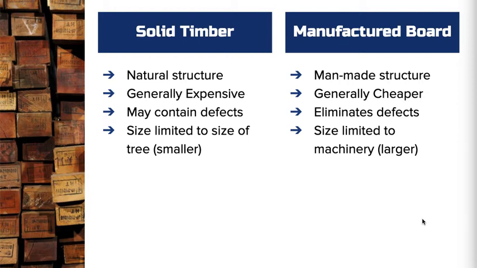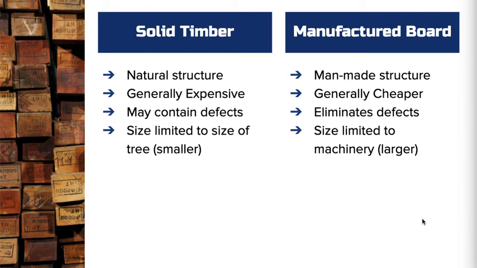I know it seems quite cheap, but generally as a cost per gram or cost per square meter or cost per linear meter, whichever sort of measurement you might like to use, solid timbers are generally expensive when we compare them to manufactured boards. Solid timbers can contain defects, knots for example, cupping, warping, twisting, bowing, spring. There's a whole heap of different defects that you'll learn about.